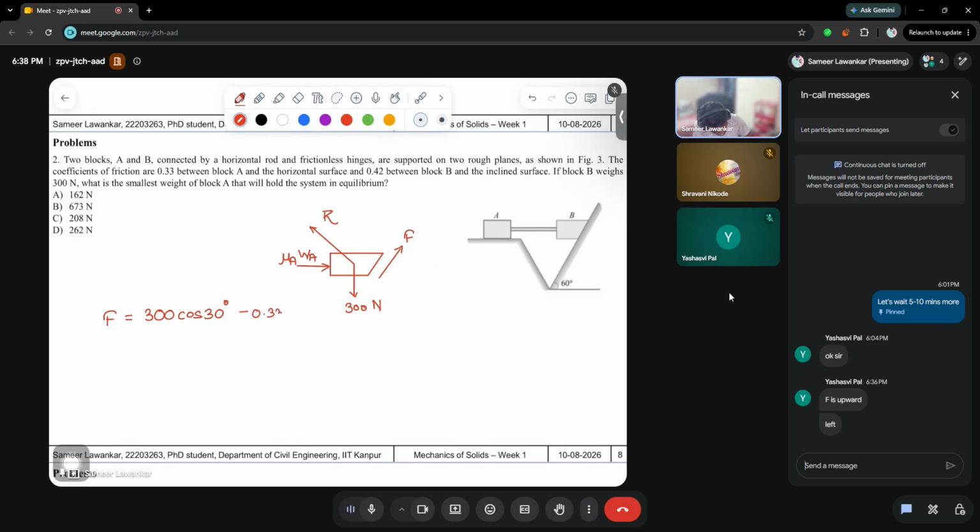Mu is 0.33, given to you. We need to calculate the value of WA. And this is in the opposite direction, because you can write either sine 30 or cos 60.